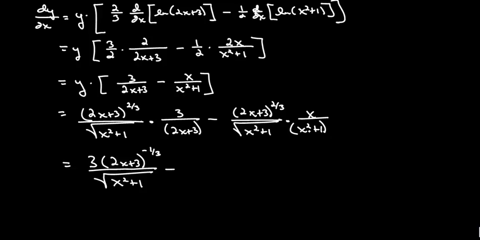Now if I put these two guys together here on the top, I'm going to get 2x plus 3 to the 2/3 times x over x squared plus 1 to the 3/2, like that.